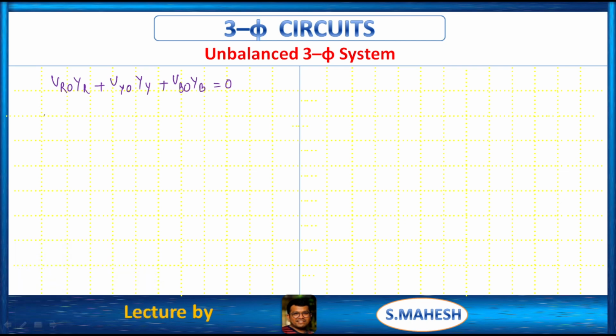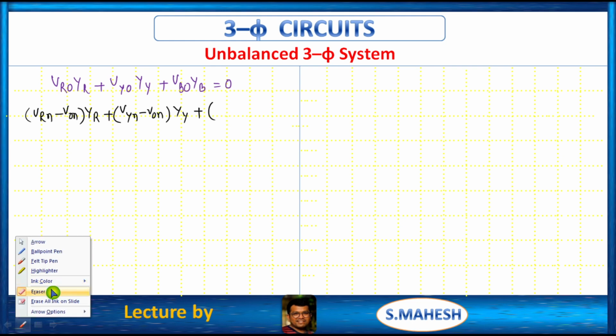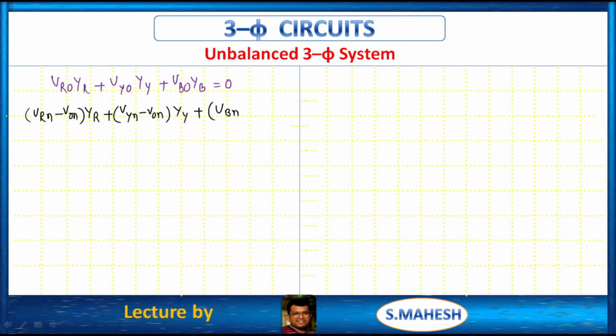To get V_ON, we have V_RN minus V_ON into Y_R, plus V_YN minus V_ON into Y_Y, plus V_BN minus V_ON into Y_B, which is equal to 0.